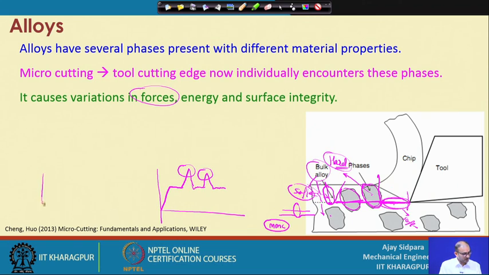Suppose you have an end mill cutter with 4 edges, and after some time one of the edges is broken, so it is not able to do any cutting. When it rotates, it will create one signal, and this particular edge will not give any signal because it is already broken.